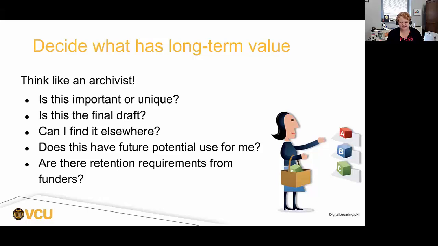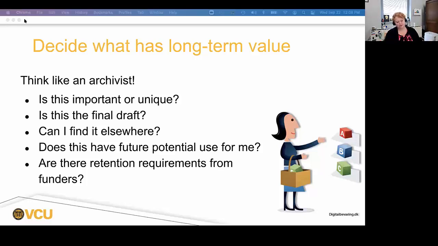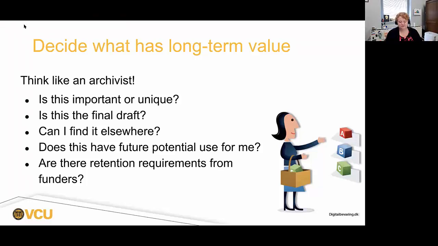But when it comes to preservation for the long term, the key is to preserve that which is unique, important, or difficult to find or replicate. So for example, if you have original data, you're going to want to keep that. You probably don't need to keep the 6 different drafts of your thesis or dissertation, only the final one. Did you save journal articles while doing a literature review?